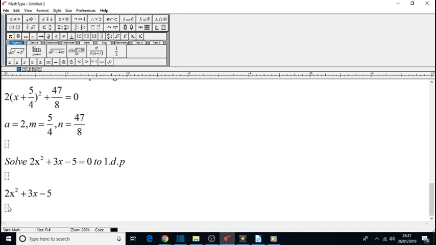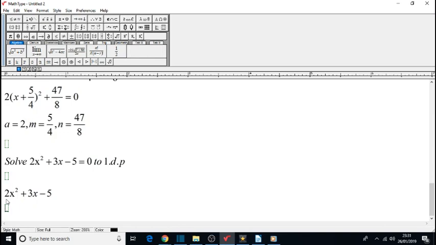Now let's move on to our second question, our final question. Solve 2x squared plus 3x minus 5. Same process except for this time, once we get to this step here, we just solve for x. Simple. We just go a step further to work out what x is equal to.